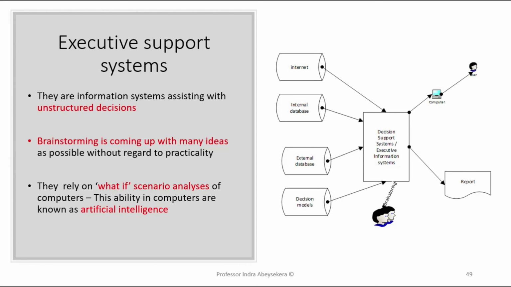And because of that, the way the decisions are made is by using what-if scenario analysis. And when we talk about computers rather than humans, this kind of analysis, the ability to come up with informed decisions, is called artificial intelligence.